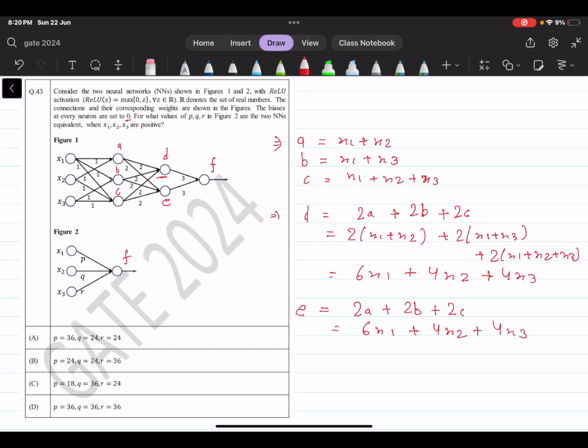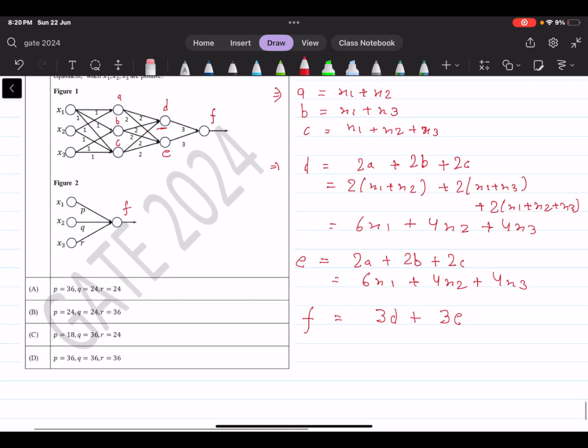And what will be F? F is simply 3D plus 3E. So 3D and 3E will each be 3 times 6x1 plus 4x2 plus 4x3, and we sum it twice.